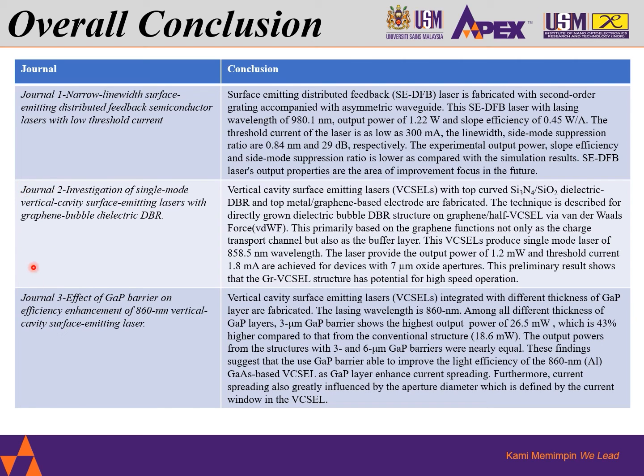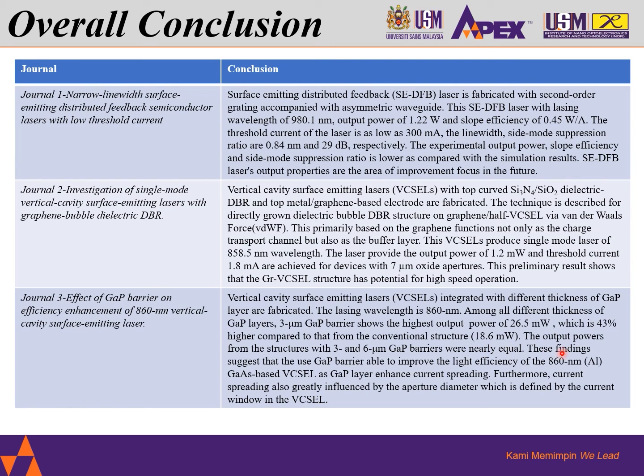As for the third journal, the conclusion is BCSEL integrated with different thickness of gallium phosphide layer are fabricated. The lasing wavelength is 860 nanometer. Among all the thicknesses of the gallium phosphide layer, 3 micron thickness shows the highest output of 26.5 milliwatts, which is 43% higher compared to the conventional structure of 18.6 milliwatt.